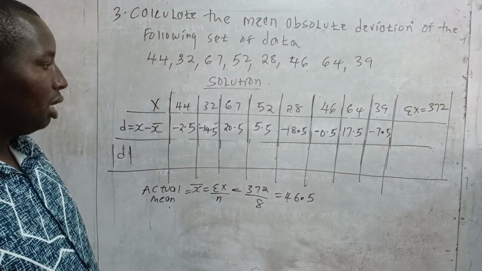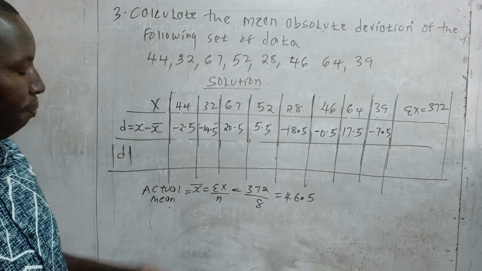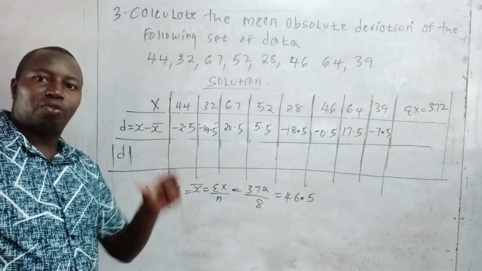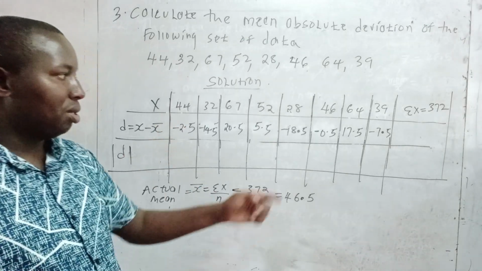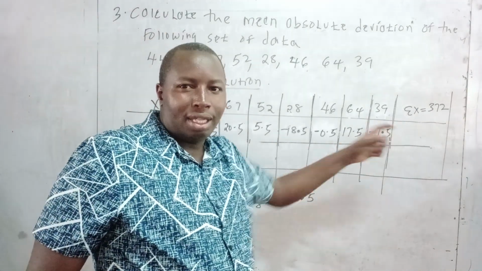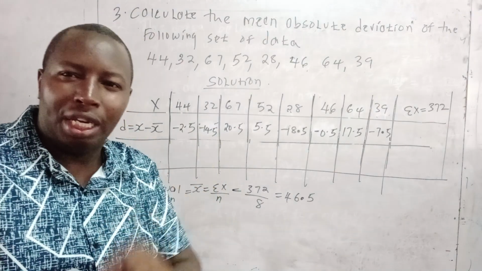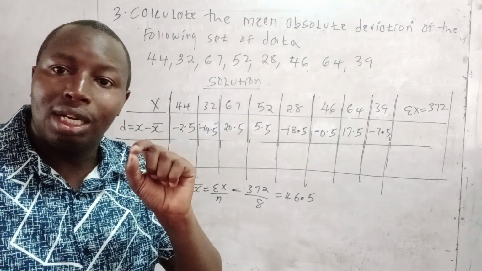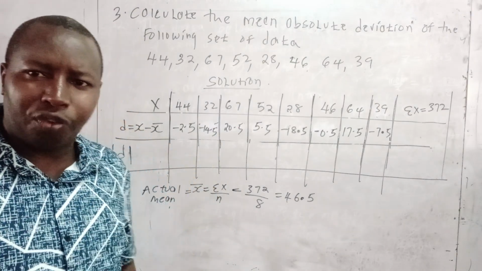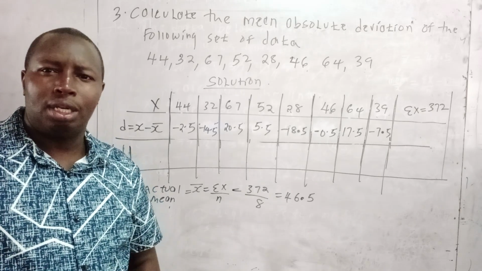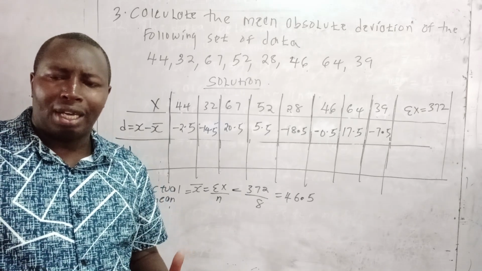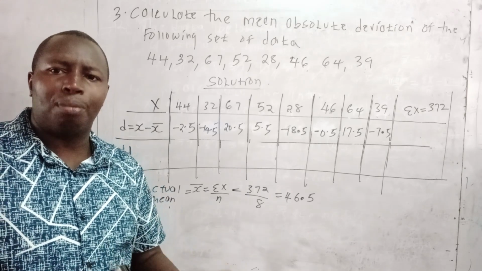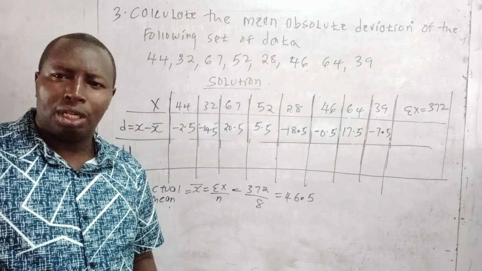If you get the sum of these deviations from the actual mean, they will give you 0. The sum of the deviations from the actual mean always gives 0. So if you are asked to interpret, you cannot give a good interpretation because the sum of the deviations is equal to 0.